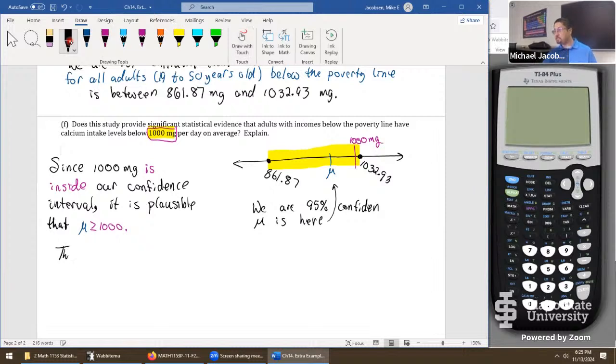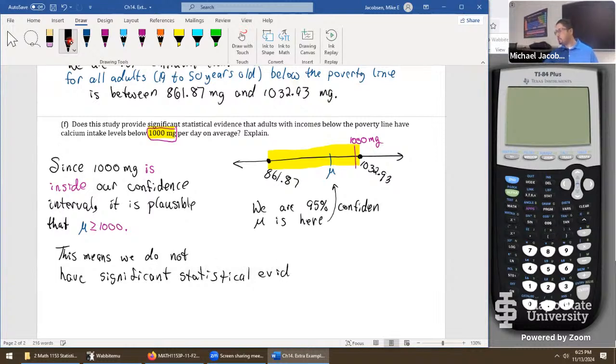This means we do not have significant statistical evidence that mu is less than that 1,000 being referred to.